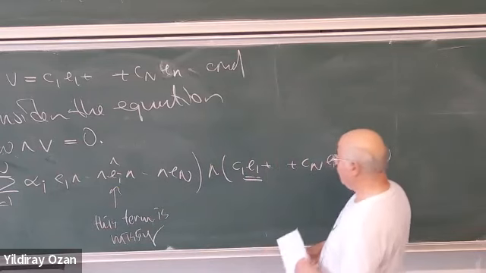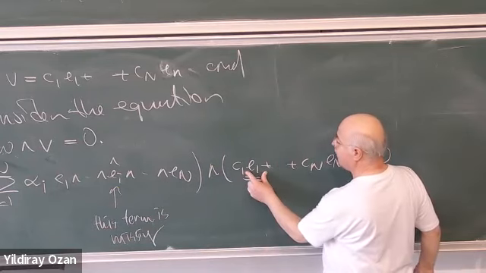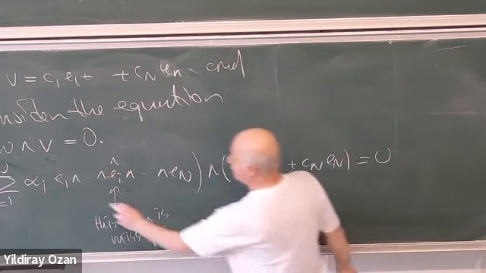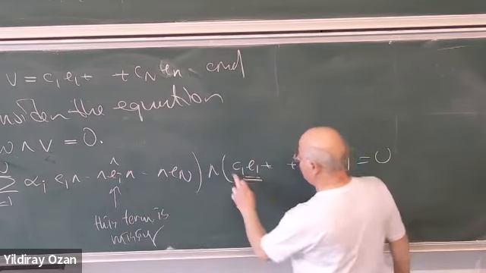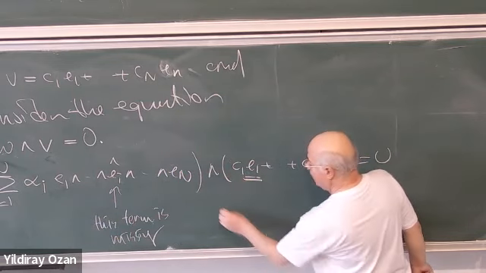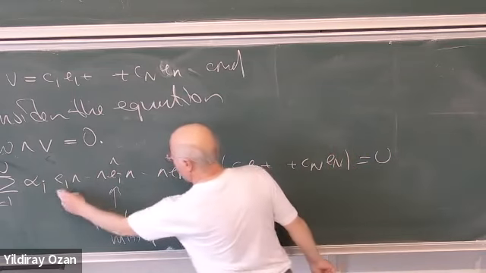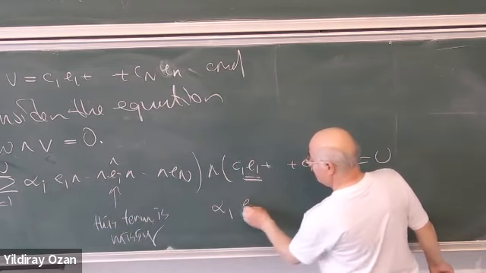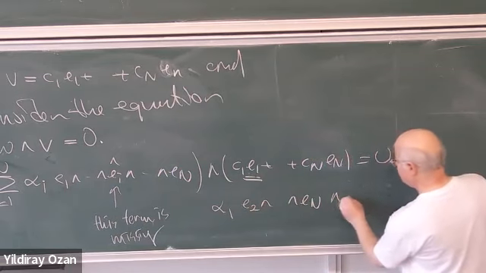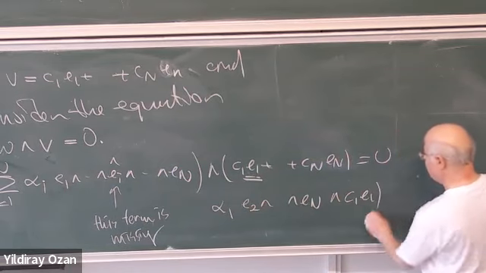So this will give me something non-zero only with the first term, where the first term is missing. So what I will have is then the following: alpha 1 and then E2 up to En, wedge C1 E1.